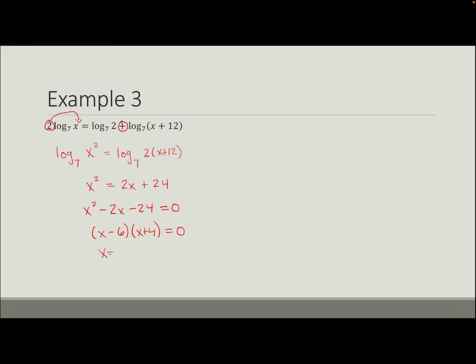And you would get x equals 6 and x equals negative 4. So the value of negative 4 is going to present a problem because it would make this x negative. So you exclude that. But the value of 6 works because 6 would make a positive here and 6 plus 12 is positive. So the only solution is x equals 6.